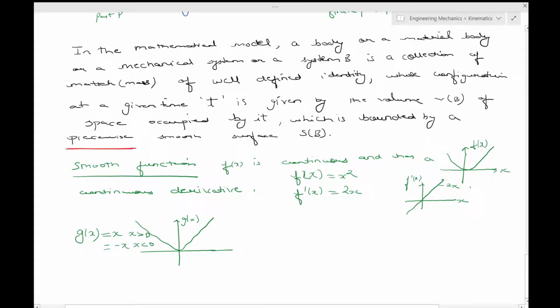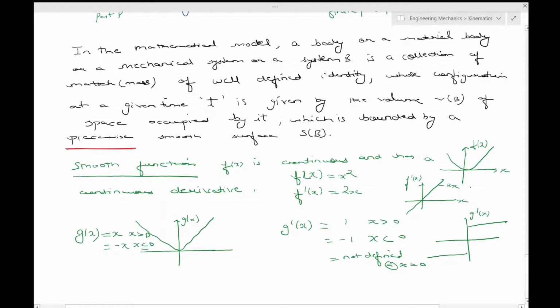Okay, and let's check its derivative. That's equal to 1 for x greater than 0, and it is equal to minus 1 for x smaller than 0. So how does it look? G dash of x looks something like this. Obviously it is not defined at x equal to 0, even though the function is defined at x equal to 0.